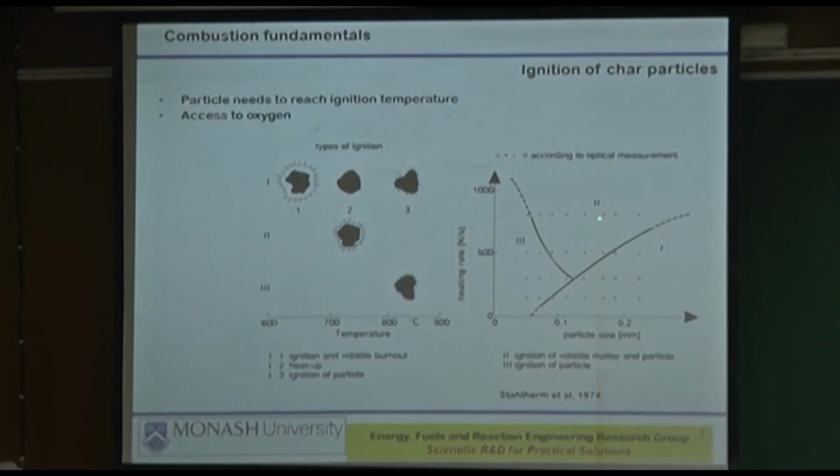This is for the char and the volatile matter, and this is for the entire thing in here. So as you can expect, when the particle size is very large, everything will be in zone 1, then it gets slightly reduced, then it will be here, and it gets more reduced in size, giving up its heat completely, and in the process got heated up. This will be in this zone.